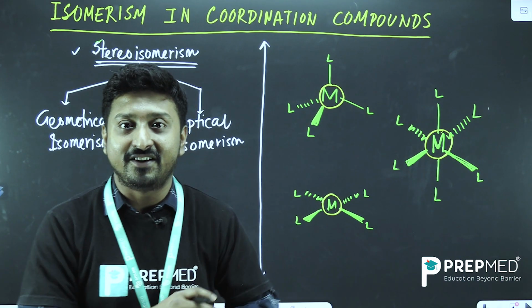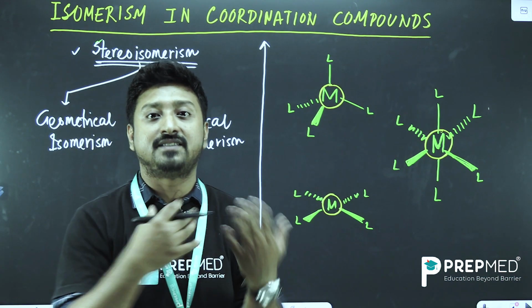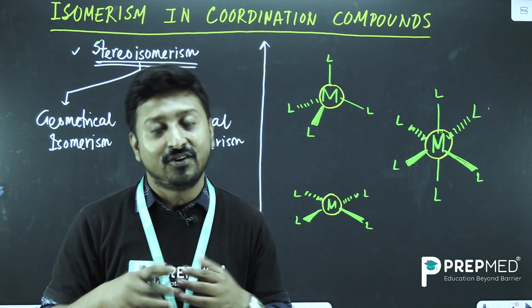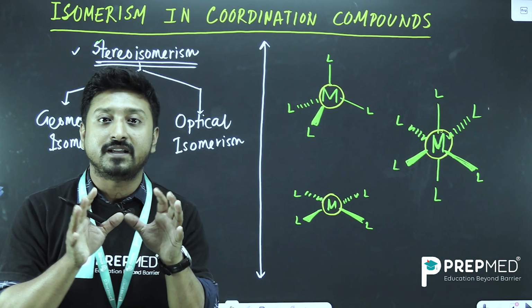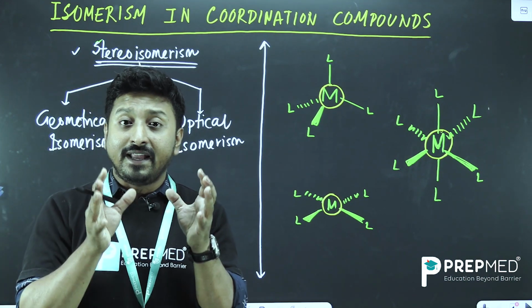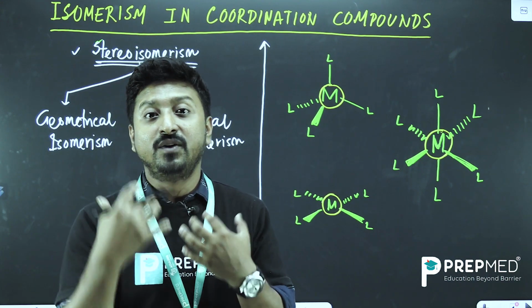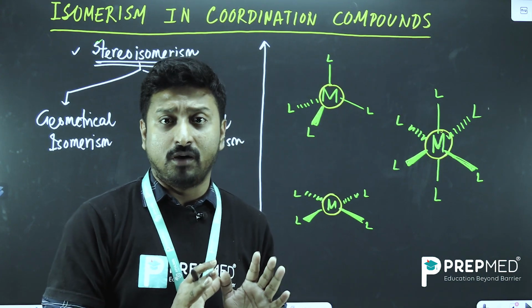So there will be some party dress or like that, correct? But as a person, when you change the dress from school uniform to party dress, you don't change. You remain the same person, right? So stereoisomers are those isomers whose representation in space changes due to different arrangements, okay? That we will talk about.